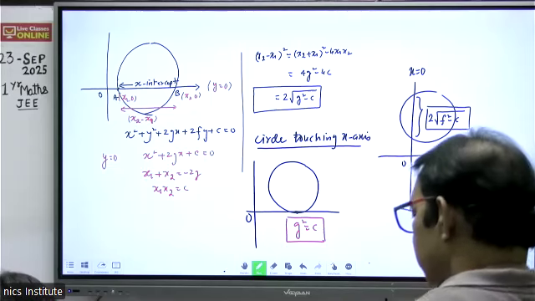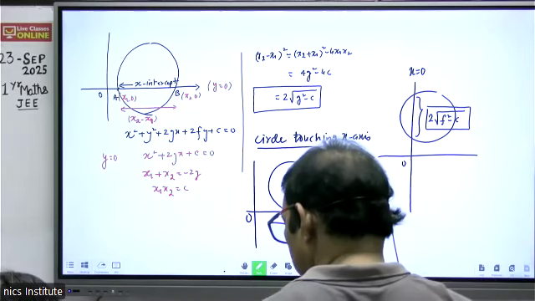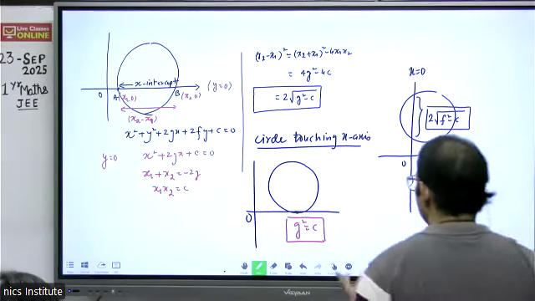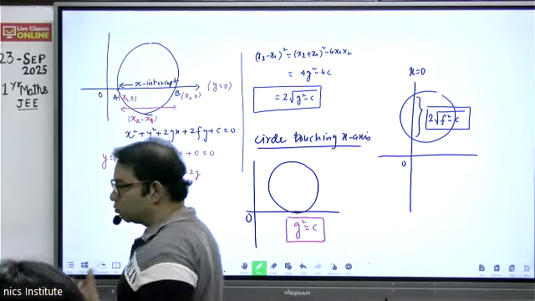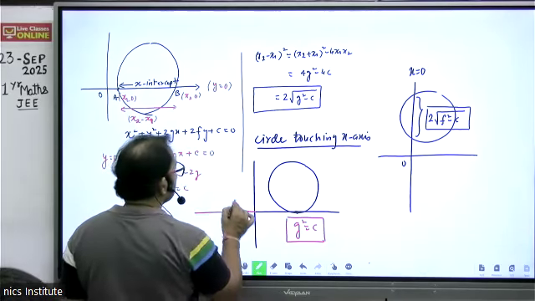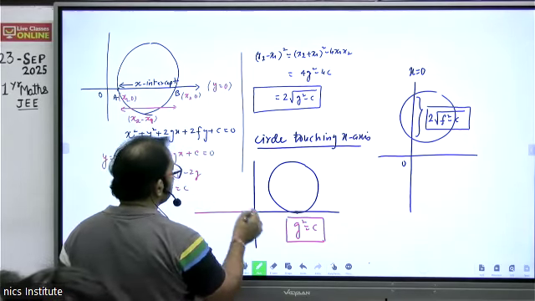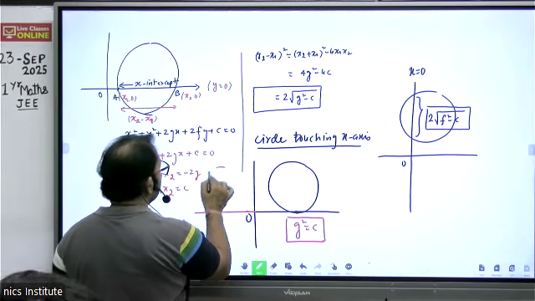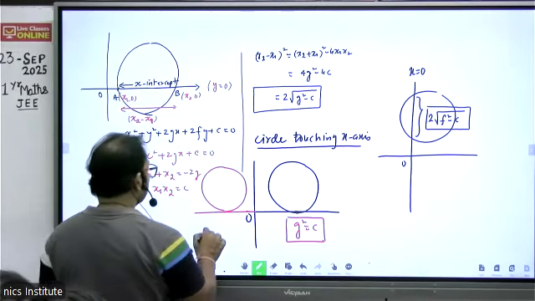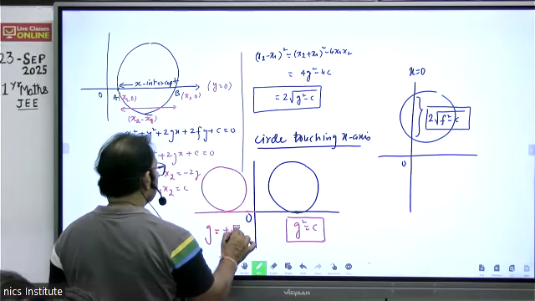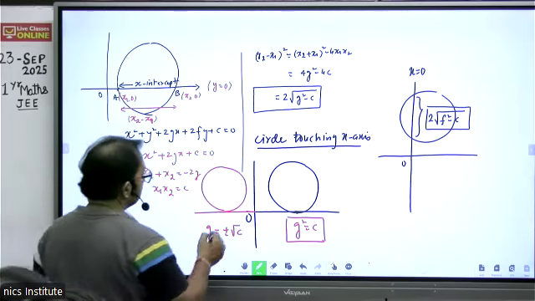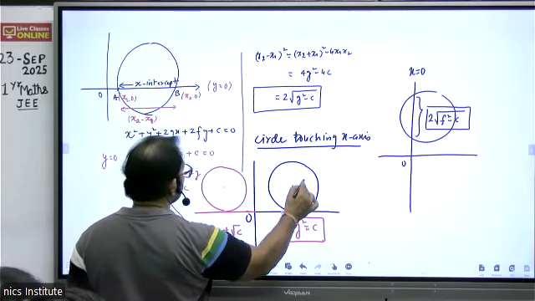Make a diagram also. g square equal to c means g will have two values, plus minus root c. What does this mean? If there are two values of g, g is basically the x coordinate of the center of the circle. That means there will be two circles, because one circle would be here, another would be here. g would have two values, plus minus root c. g is the x coordinate. The x coordinate would be different, the y coordinate would be the same.